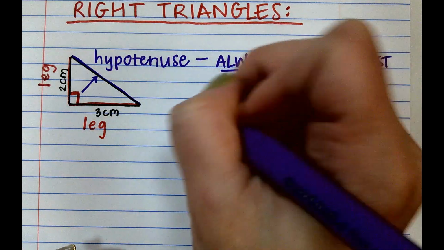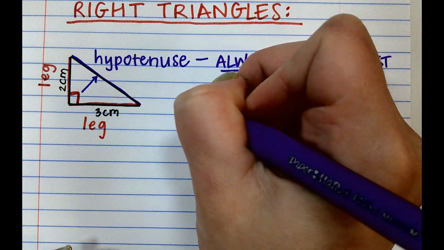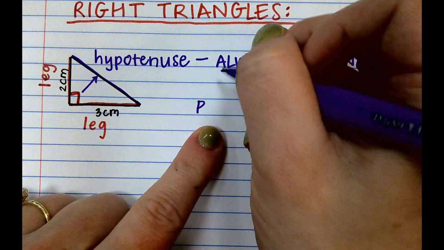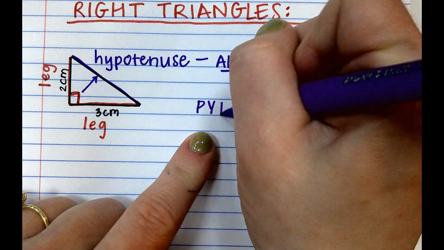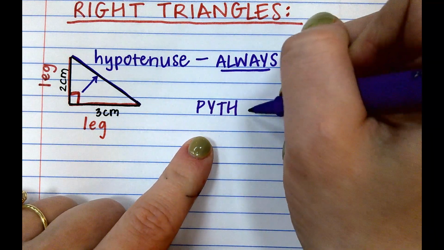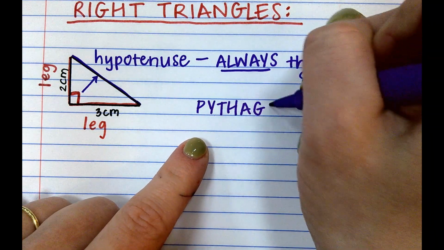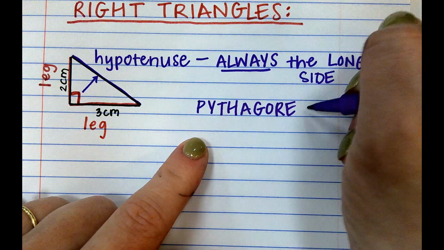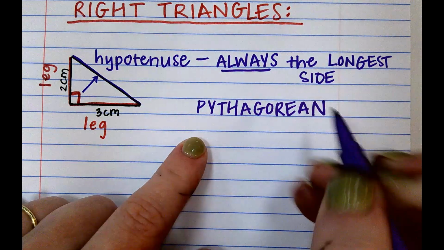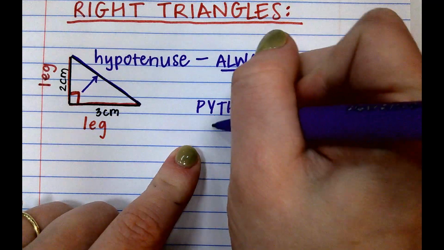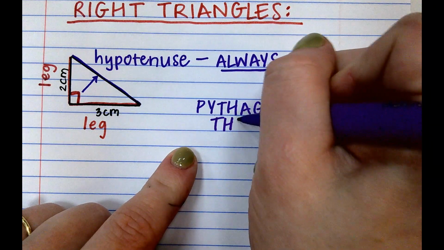And it's a formula that helps us solve for missing side lengths. So Pythagorean theorem, spelled like this.